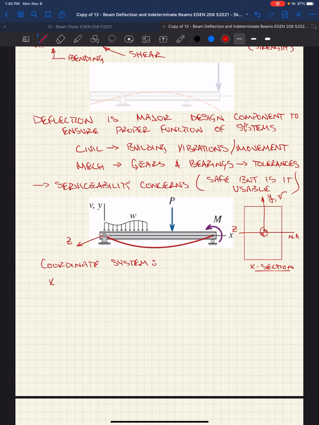So as I mentioned, X is positive to the right. So if we were looking at dx, right, a small amount of length along our member, this would be our small length. We will be doing integrals, which really is not cool. But we'll get through it, I promise. Right.